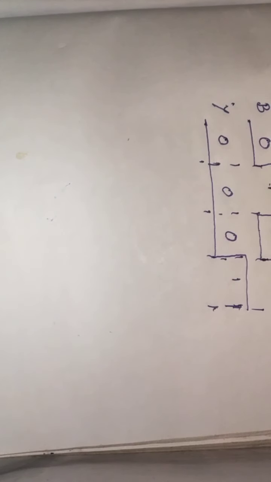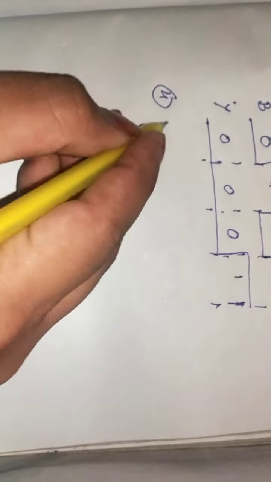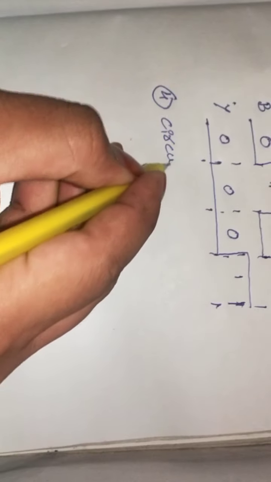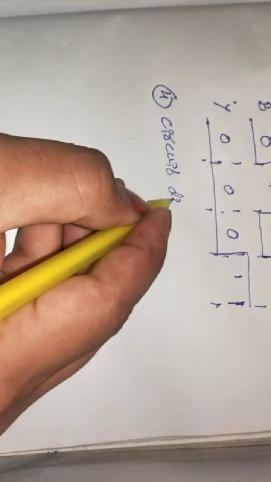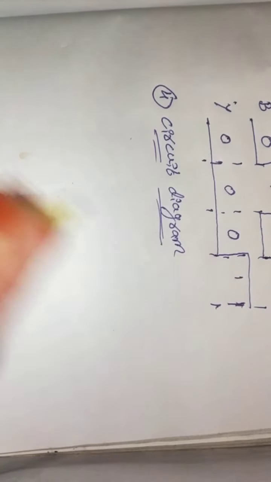And the final characteristic is circuit diagram. Circuit diagram of the AND gate. Here the circuit diagram consists of diodes, voltage common collector, resistance, anode, cathode and output.